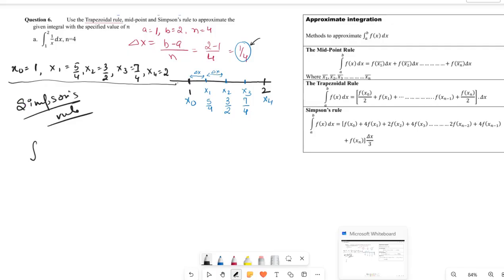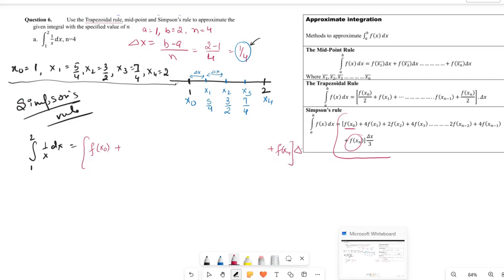But in Simpson's rule approximation for this integral, notice here, this is Simpson's rule. The first one is just f of x naught, plus the last one is also just f of xn. In this case, n is 4, so x4.